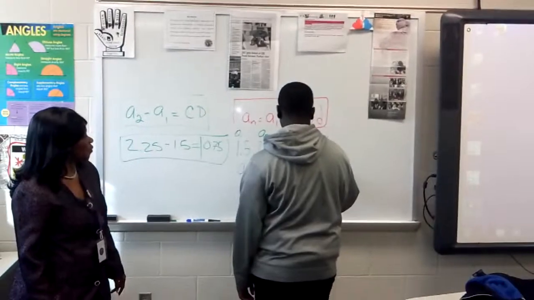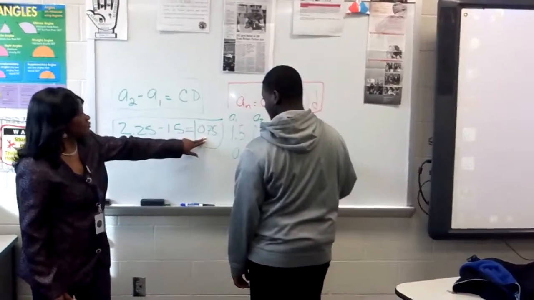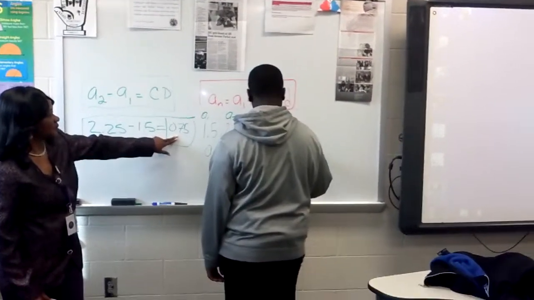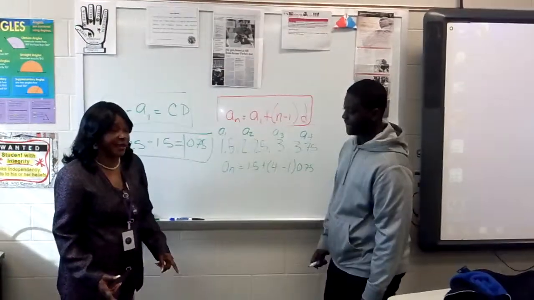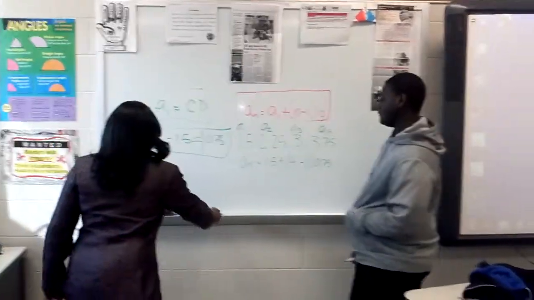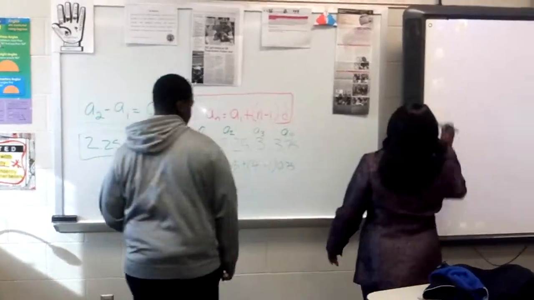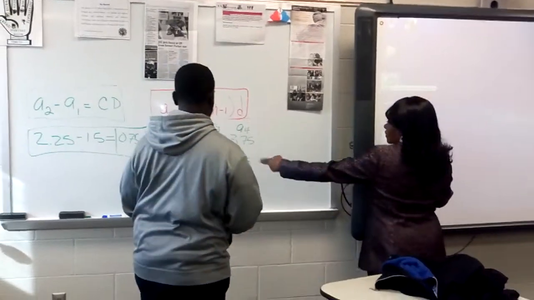Minus, and what is your d? 0.75. Very good. Now with me, I never leave home without my calculator, but you can always get a calculator from this Promethean board. I'm going to put a calculator up over here for you. So get busy and finish that.